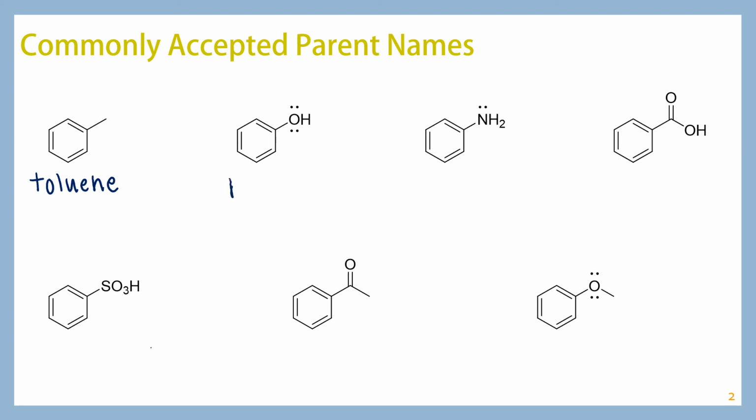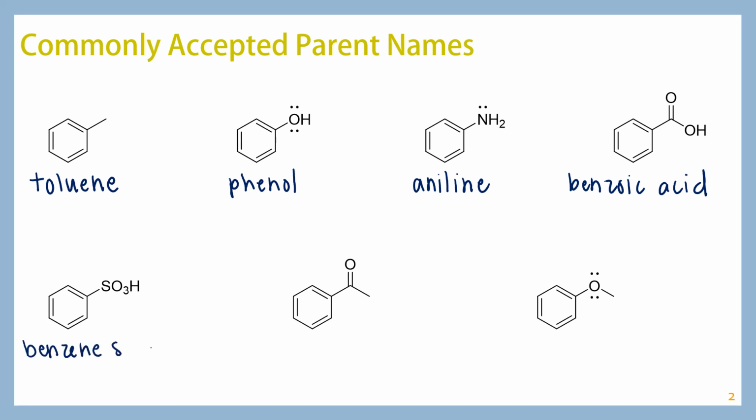This next compound is phenol. When we have an amine substitution, the NH2 substitution, the compound is called aniline. The next one is a carboxylic acid made from benzene. This is called benzoic acid. Our next one is benzene sulfonic acid.